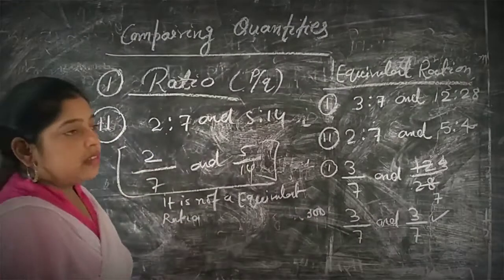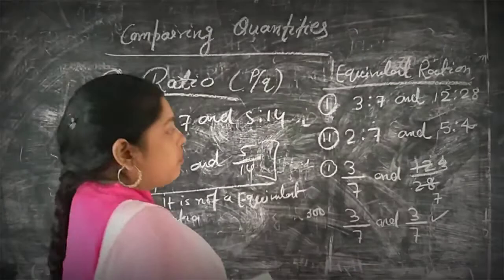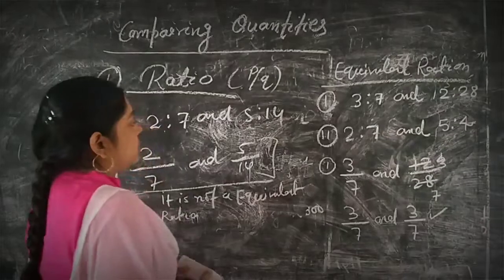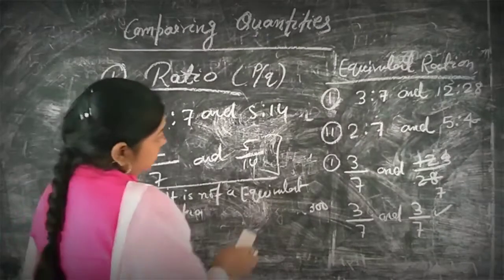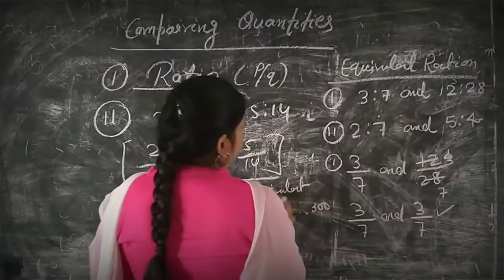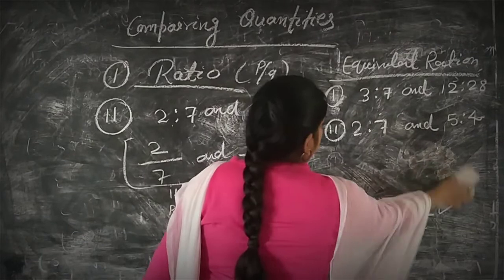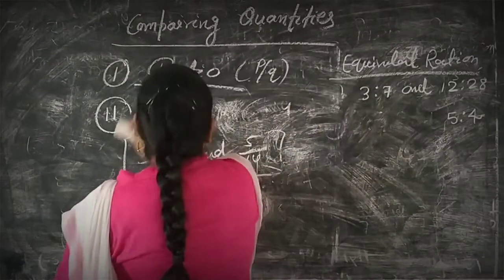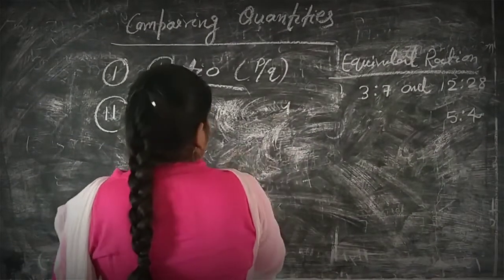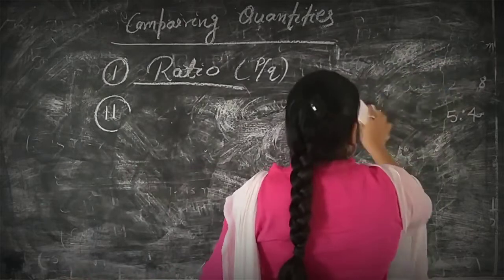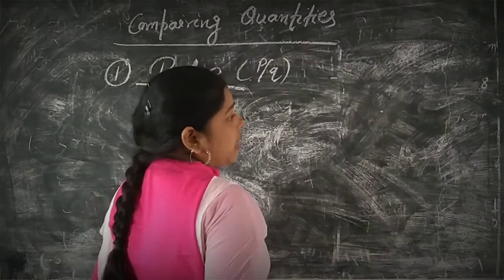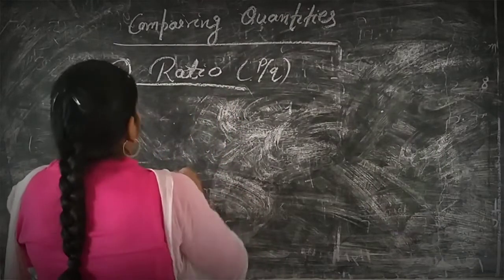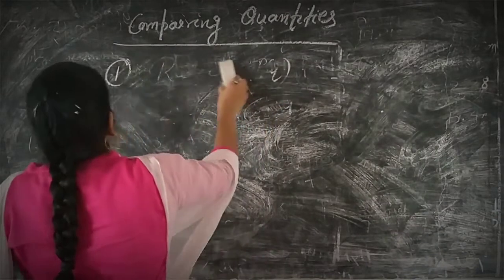Next thing is, in the ratio form only two terms are available, but ratio and proportion are both included. So what is a proportion? A proportion has four terms. These terms are equivalent and equal.